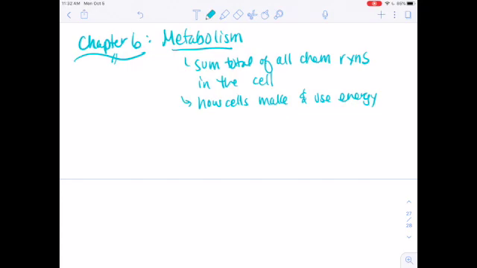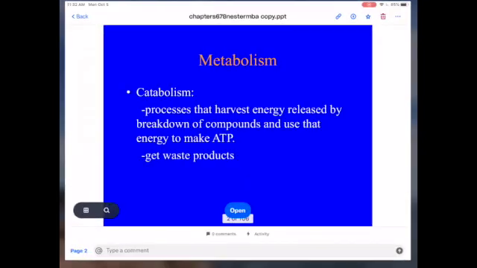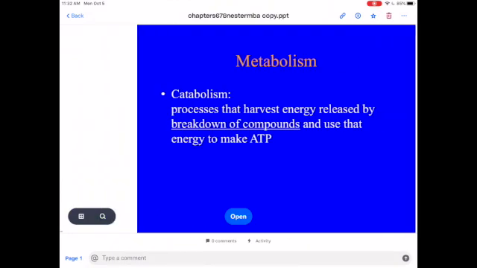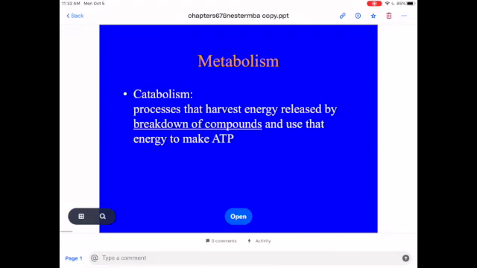And it takes a couple forms. It starts off with catabolism. Now, these are processes that make energy by breaking down food substances to make some ATP.